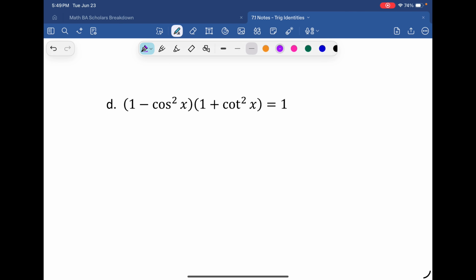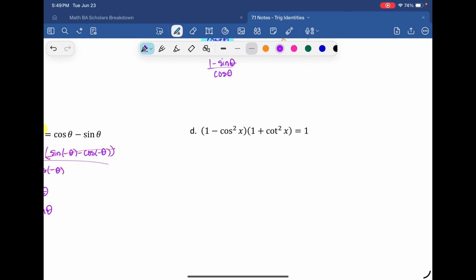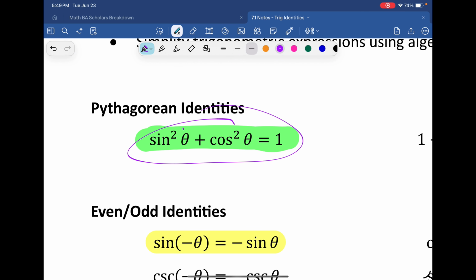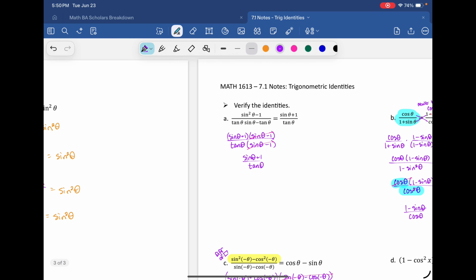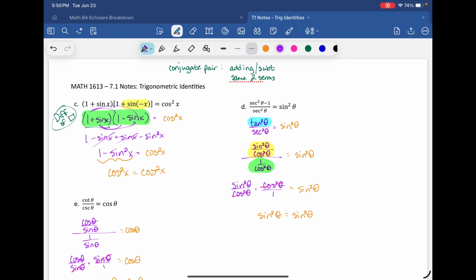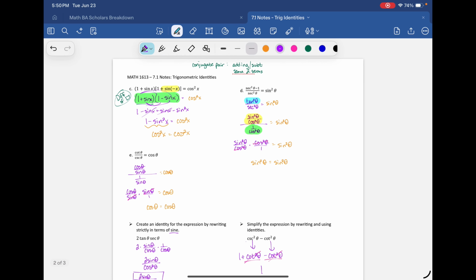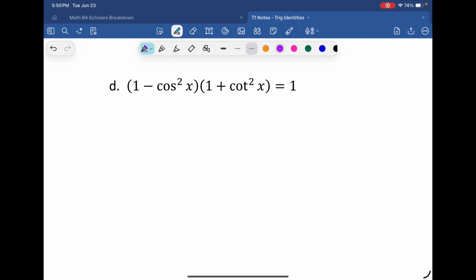And there's more than one way to do this problem as well. These are both identities. 1 minus cosine squared is sine squared. 1 plus cotangent squared is cosecant squared. So 1 minus cosine squared is sine squared. 1 plus cotangent squared is cosecant squared.